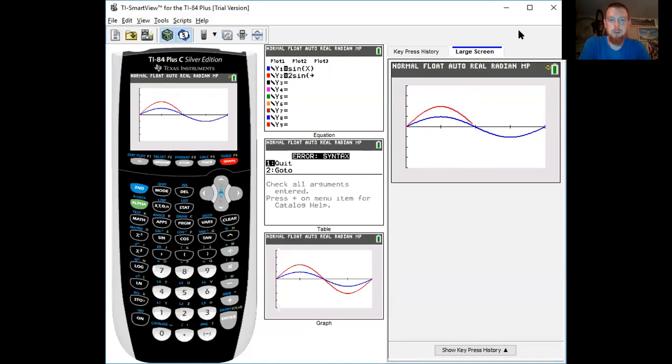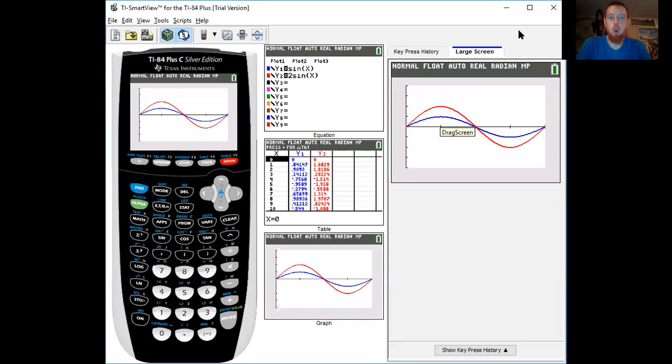All right, so let's see. It looks like the period is exactly the same. What happened? We're just multiplying each y value by 2, right? Our parent function maximum was 1. Hey, we doubled that. Now it's a 2. Our parent function minimum was -1. We doubled that. Now it's at -2.